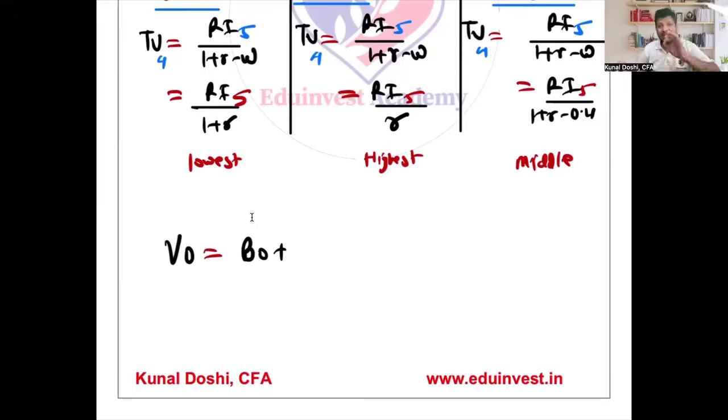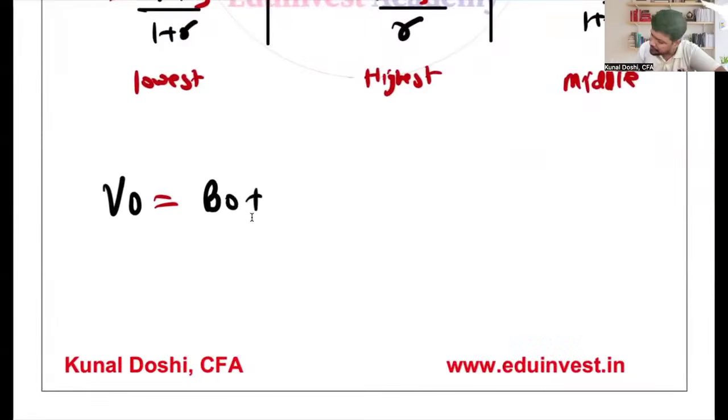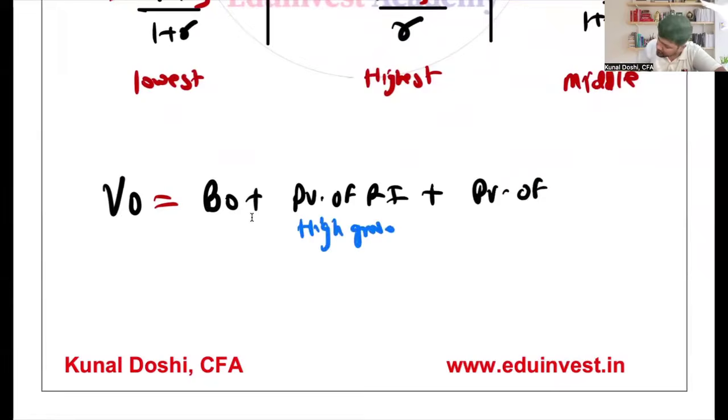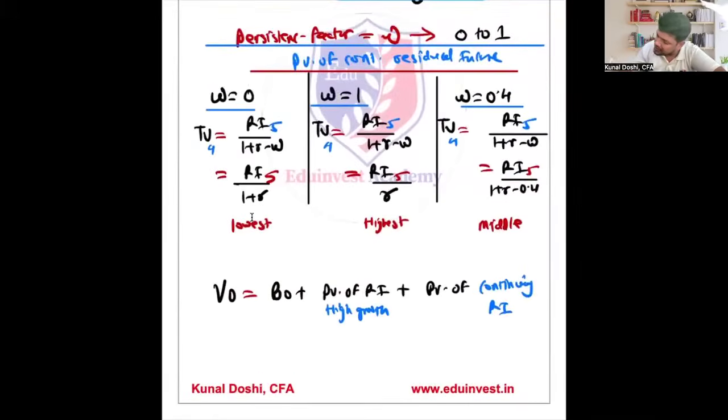So the present value of residual income in the high growth phase, and this is the present value of continuing residual income. Now this is what we just did here, present value of continuing residual income.